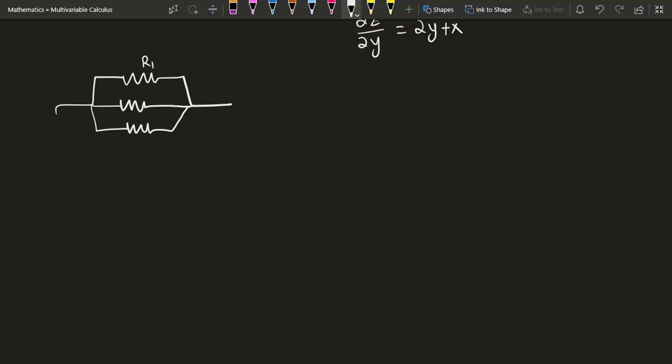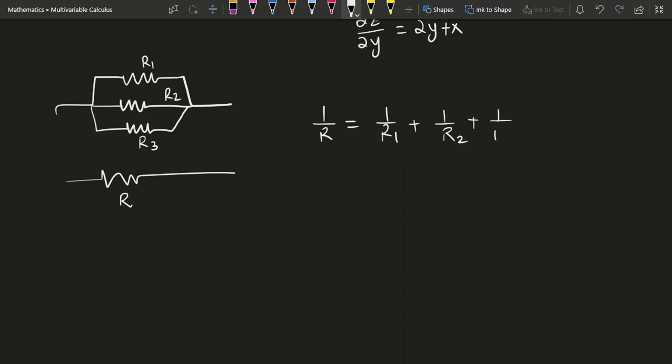And by physics, we know that if the resistances of these resistors are R1, R2, and R3, then the equivalent resistance, if this were to be replaced by a single resistance of resistance R, then they should satisfy this equation. Now, irrespective of how we get this equation, we can apply the same principles of partial derivatives.